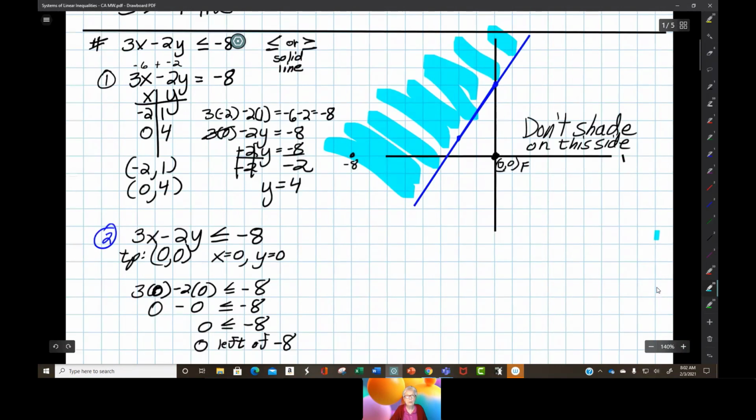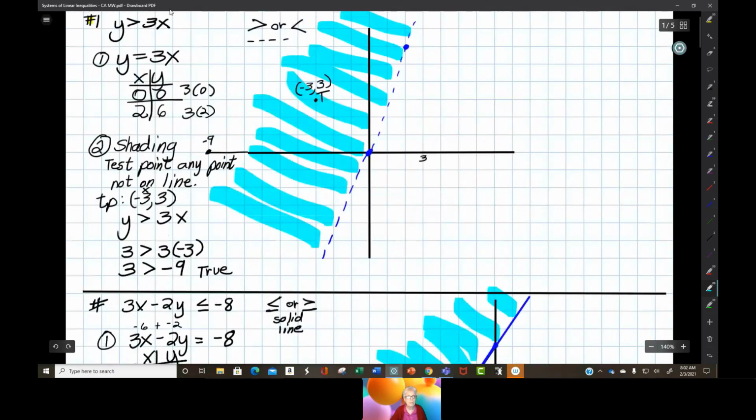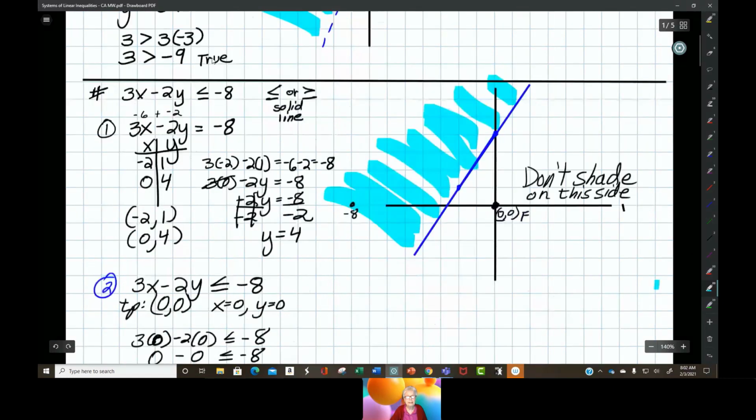Now, here we are with another kind of inequality. Now notice, hello George, one is in standard form. This was in slope-intercept form. This is in standard form. So that automatically means your thinking has to shift a little bit.